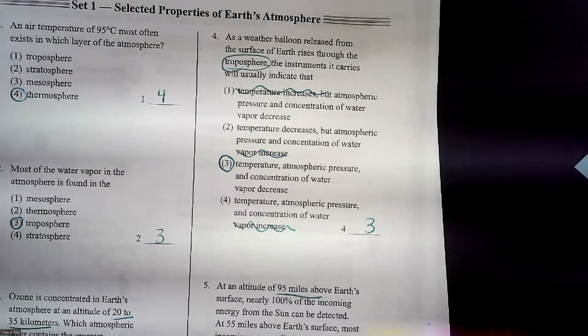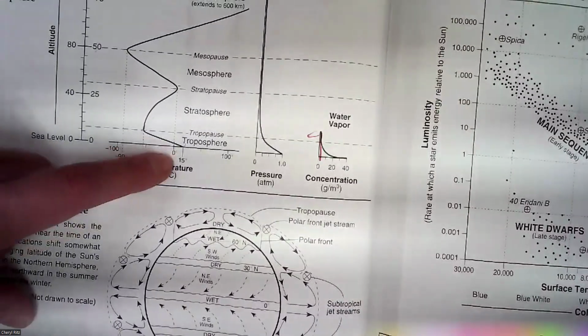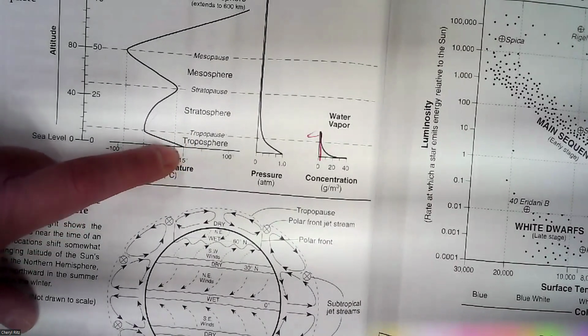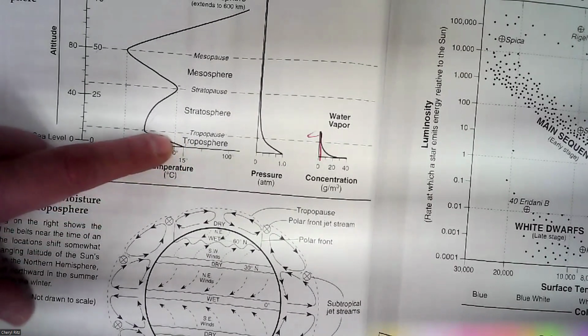the first thing I do want to say is notice how I circled troposphere. The question only asked what happens to the temperature, pressure, and water vapor concentration as we go through just the troposphere. So just the troposphere is the ground to the tropopause. So we do start off at the ground at 15 degrees Celsius.